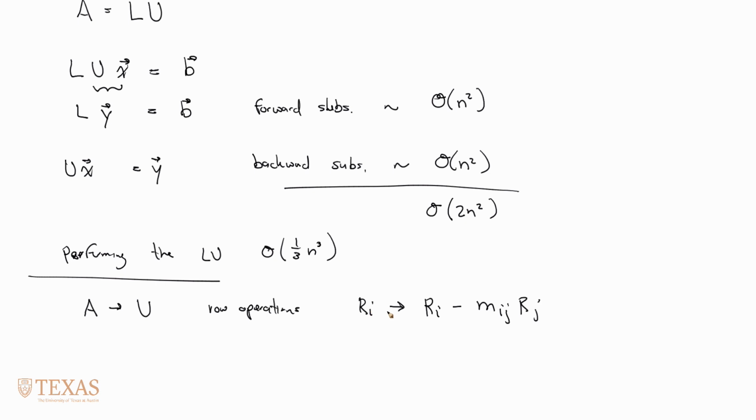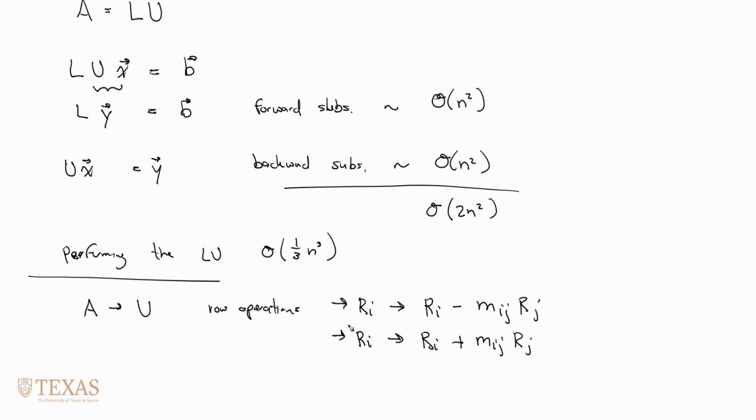And so if we were going to undo this row operation, the undoing of that row operation would be Ri plus Mij Rj, right? So if you performed this operation and then followed it with that operation, you'd get back the same matrix A, right?